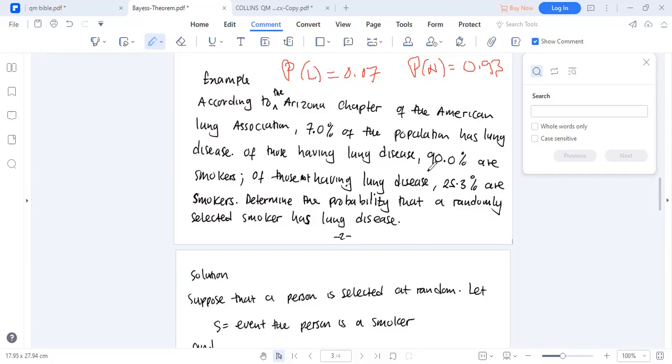So we're also told that 90% are smokers. So smokers are 90%, 0.9. So the probability of a non-smoker would be 10%.